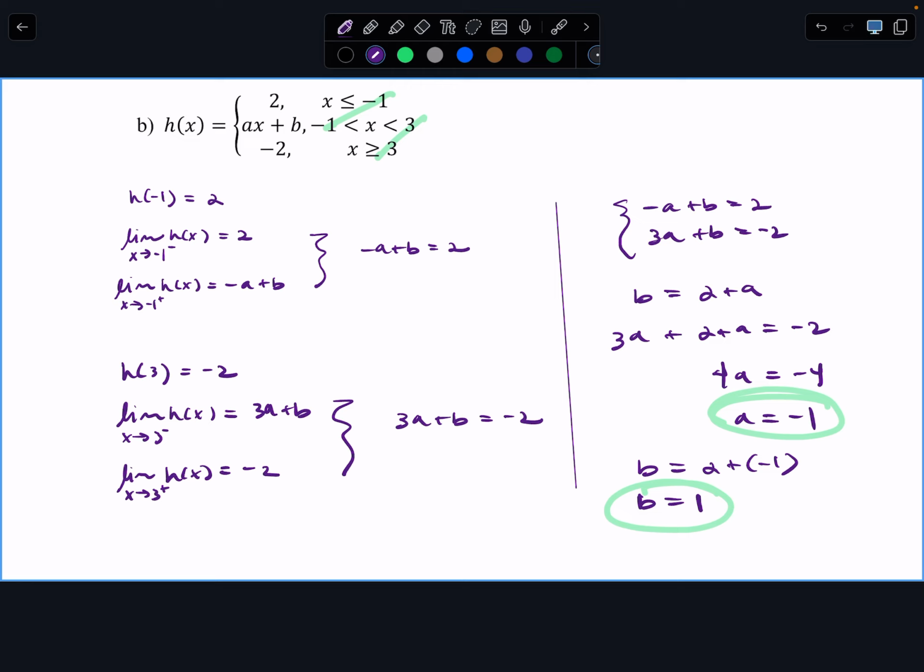What's a and b? Actually, no, I did it right. -1 for a, 1 for b. What did you do? Oh wait, b equals 3 plus a. I accidentally put 2 in.